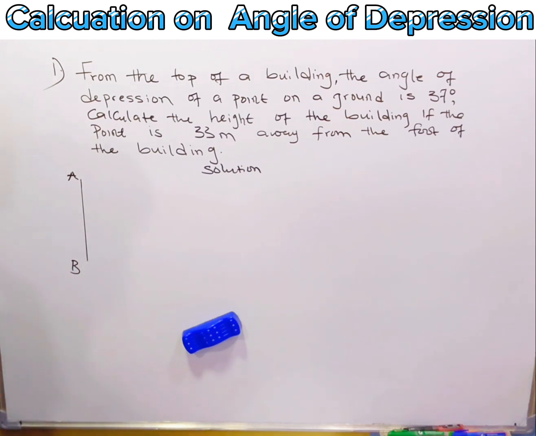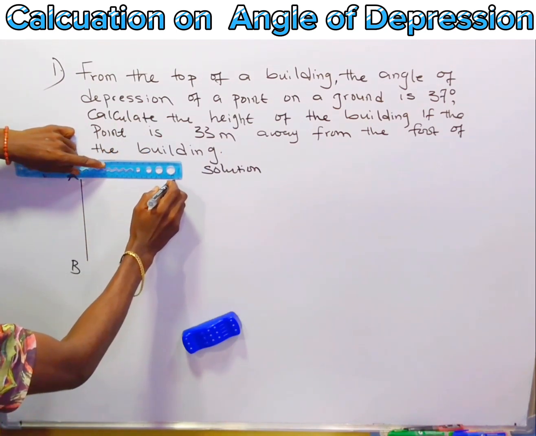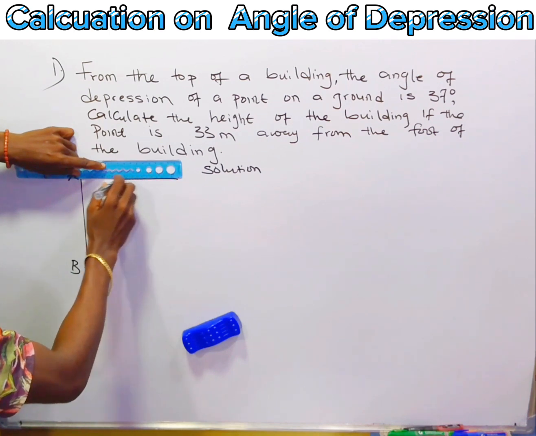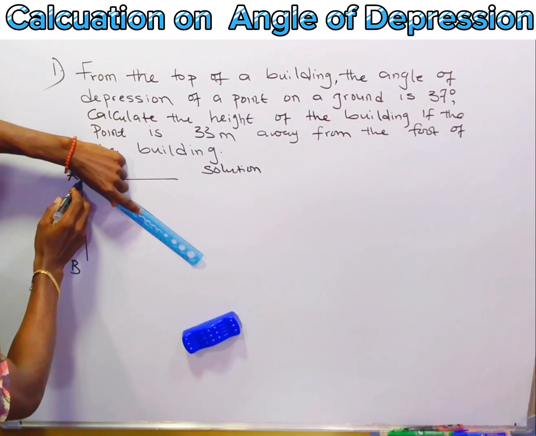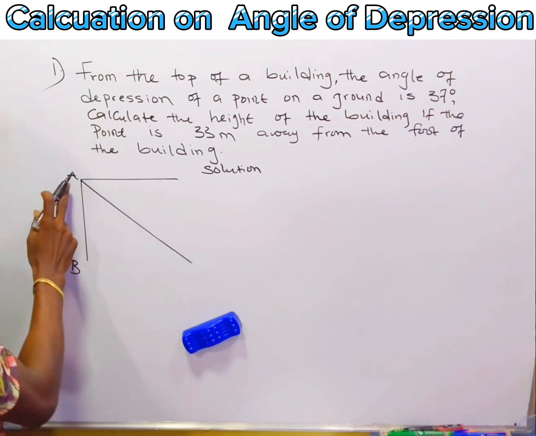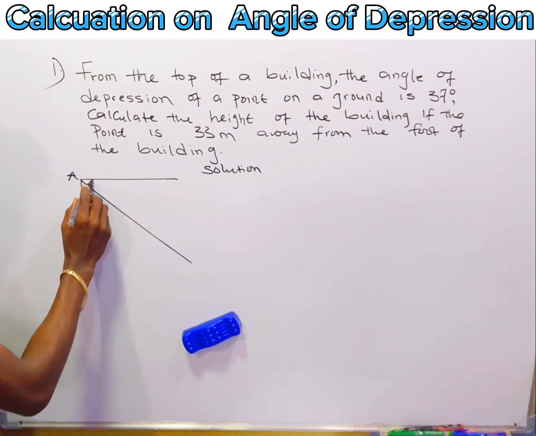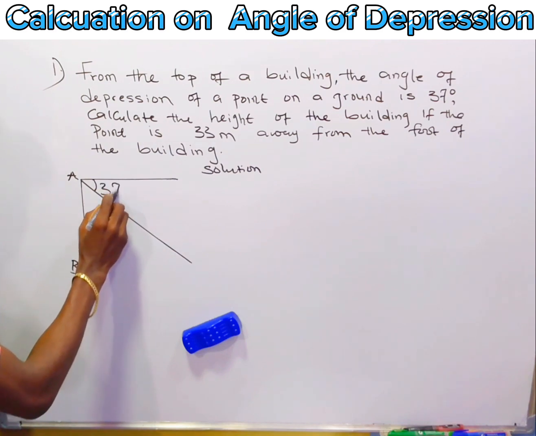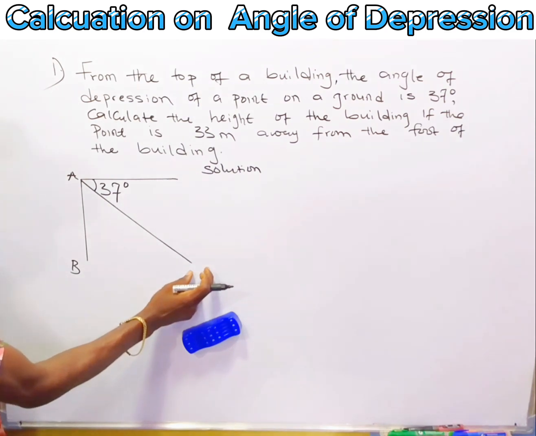Now, from the top of a building, the angle of depression of a point on the ground is 37 degrees. So this is a 37 degree angle of depression from the top to the ground.